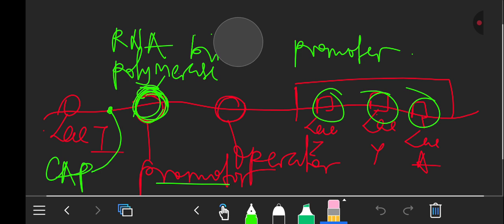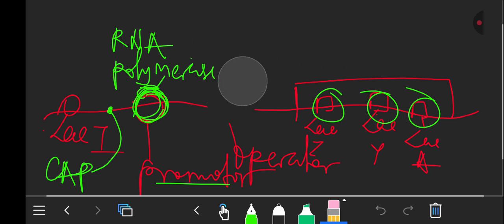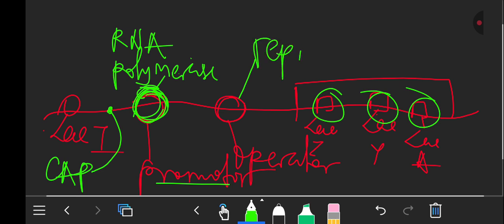So what is the function of the operator? This operator is where the repressor comes to bind.